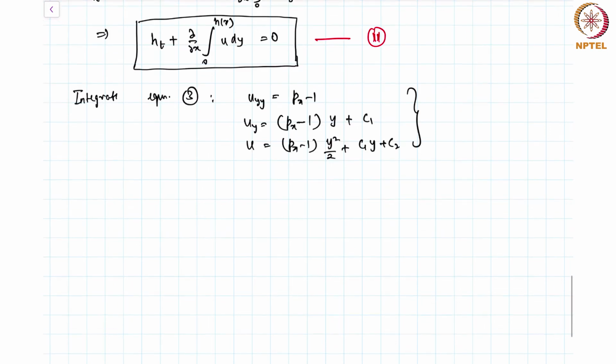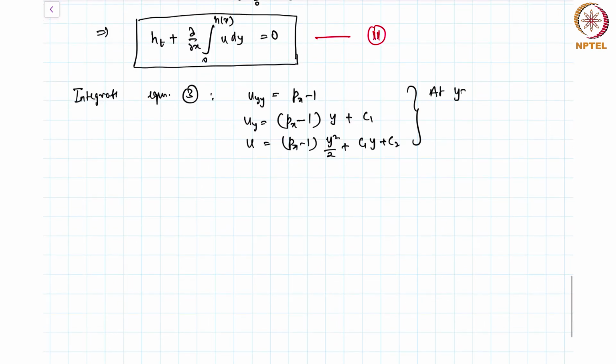Now we can apply the boundary conditions. At y equal to 0, u equal to 0, and this gives me the constant c2 to be 0. We also have at y equals h, u_y is 0, and this gives me the constant c1, which is minus of (p_x minus 1) times h.